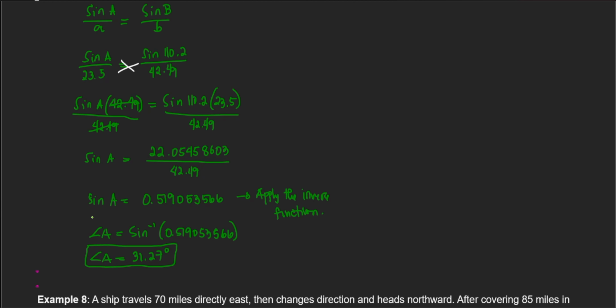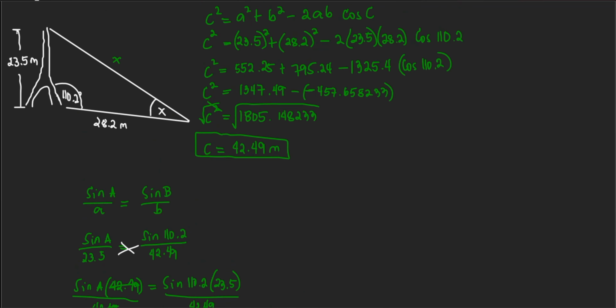Alright? So this means the subtended angle, or the angle subtended by the tower, the point, is equal to 31.27 degree. Ibig sabihin, ito na angle na to na nag-extend, okay, na nag-extend sa tower, this one is equal to 31.27 degree.